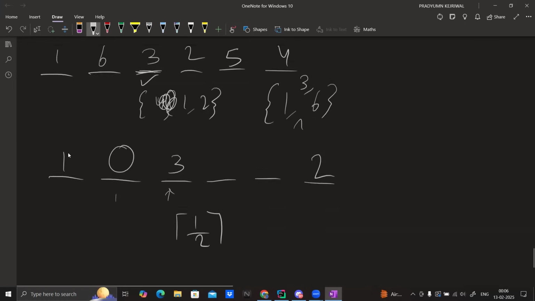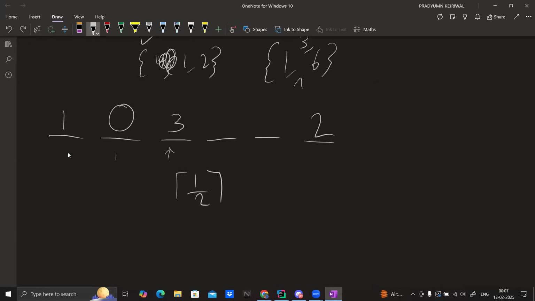So I'll compare it with the distance he would have got if he sat in the longest segment. This is the longest segment.